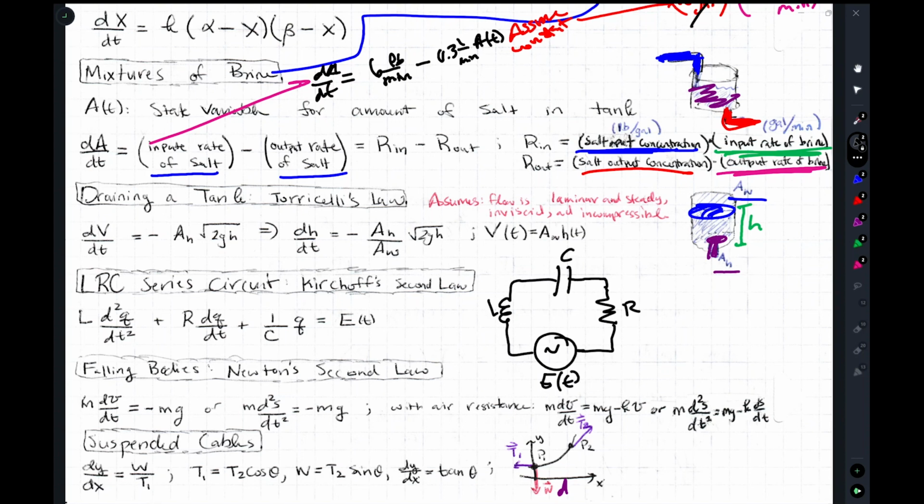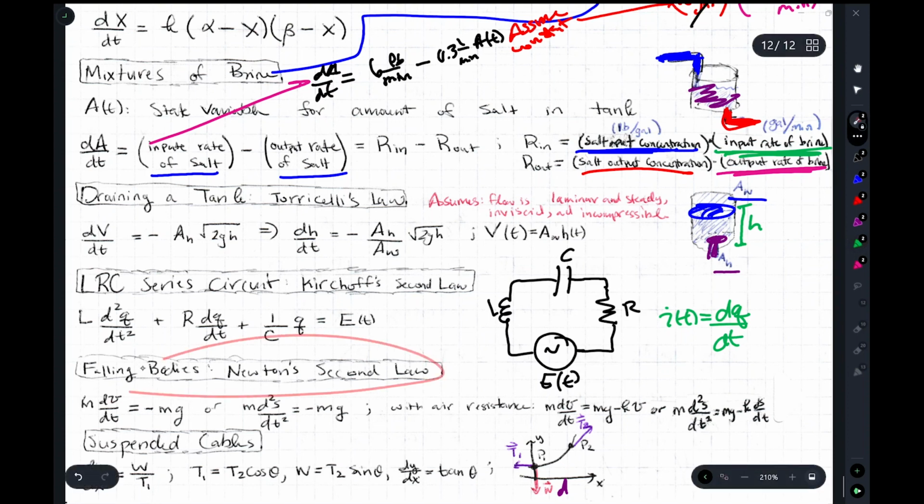Kirchhoff's law tells us that basically the sum of the potentials is zero, or we get this differential equation here. We could then solve this differential equation for Q. Q is the charge on the capacitor, and if we want the current in this, then we could just take the derivative of Q.